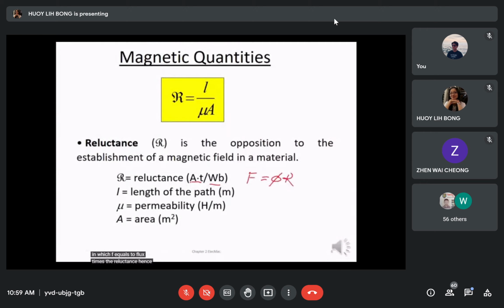Hence, the reluctance is equal to the magnetomotive force divided by the flux, in which we get the unit ampere turns per Weber. The length, which is the path of the magnetic flux, is in meters. The permeability is in Henry per meter, and the area of the core is in square meters.